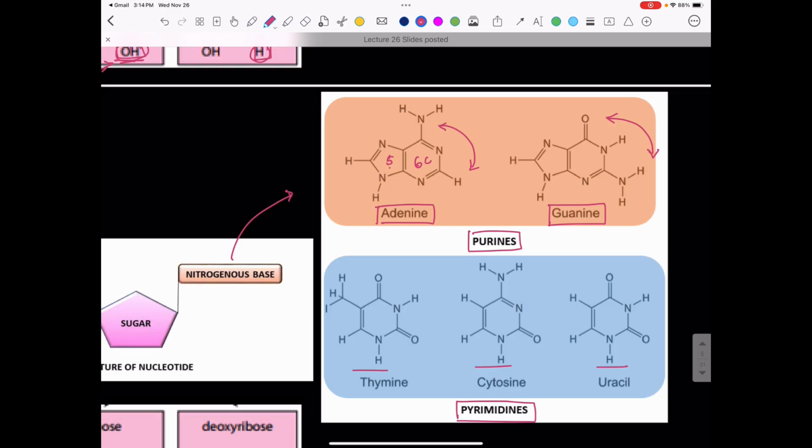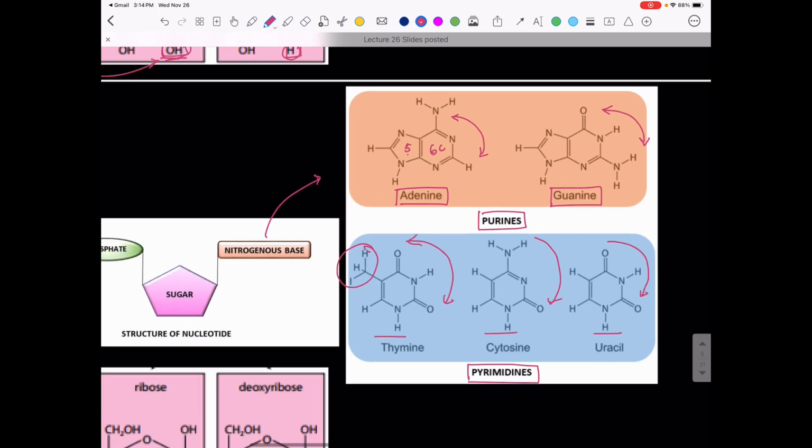What is going to be different is what is attached in between those structures, and also the methyl group in thymine. So if you compare thymine to uracil, you can see that they have exactly the same structure except for the methyl group here. And that's why you can also refer to thymine as a 5-methyl uracil derivative.